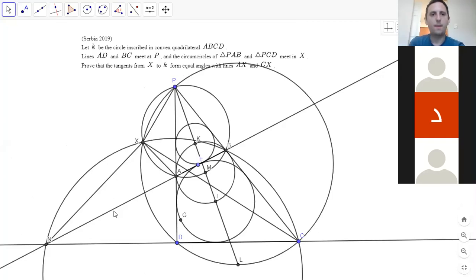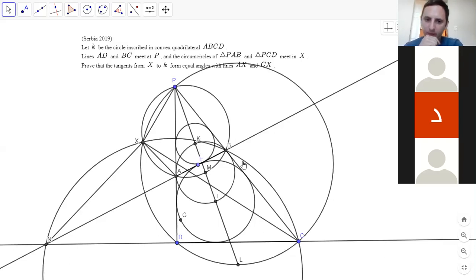So we have that MA is equal to MK, right? It's equal to MI too. And so on, LD is equal to LI.